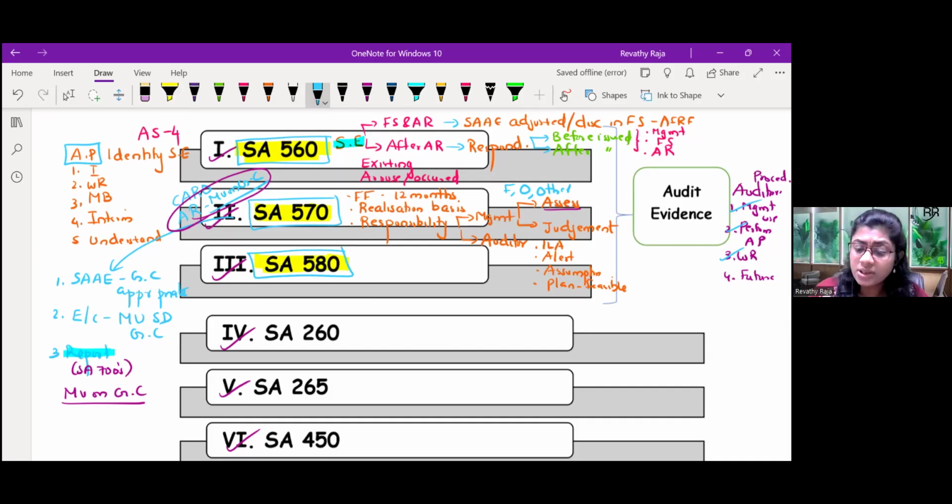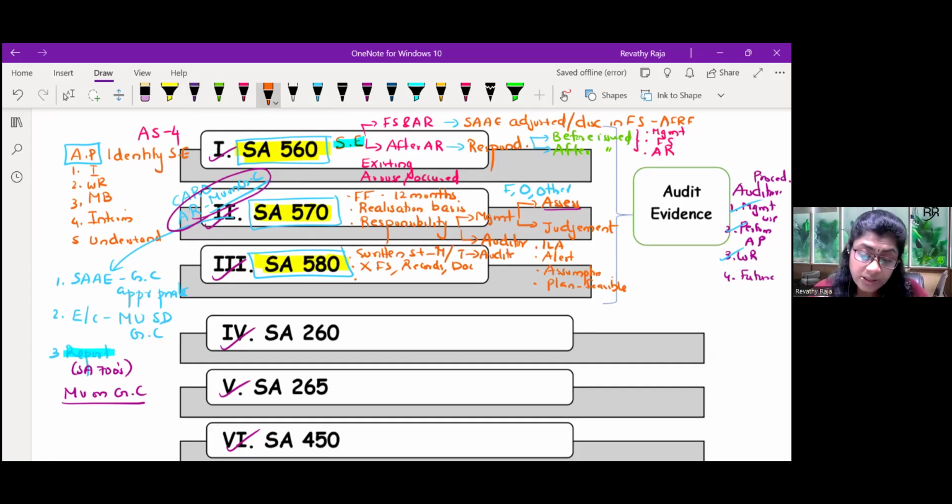What is written representation? It is a written statement provided by management or TCWG to the auditor. This written representation does not include FS, records, documents, etc. All these are part of evidence as per SA 500.